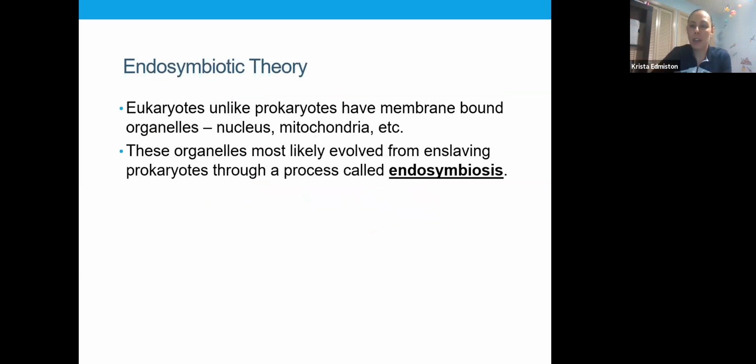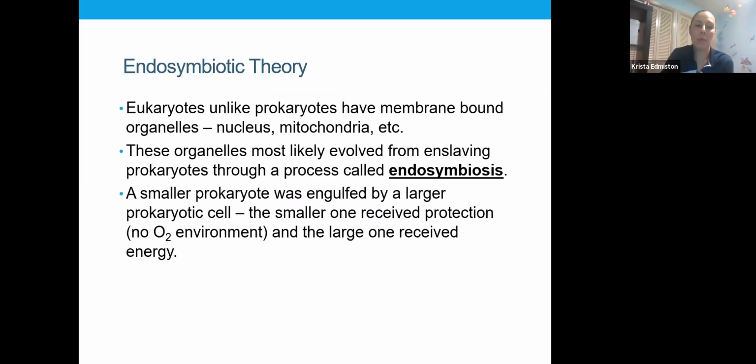We think that they evolved from the prokaryotes through that process of endosymbiosis. So what is endosymbiosis? Well, I know I said enslaving, but it's not necessarily enslaving. The idea of endosymbiosis is that the larger eukaryotic cell was providing something to that prokaryote, while that prokaryote was providing something to the larger eukaryotic cell.